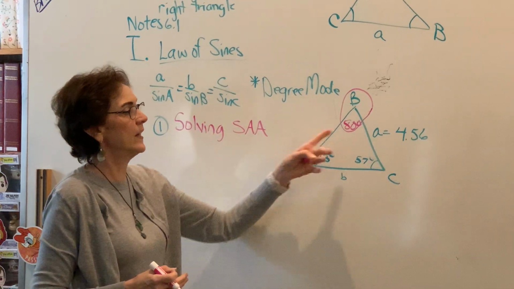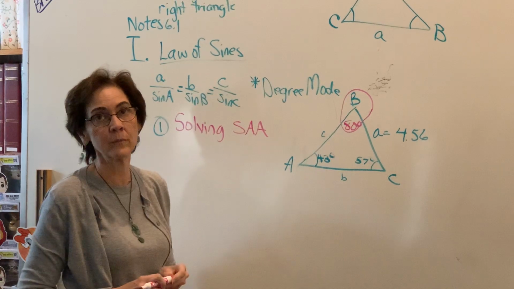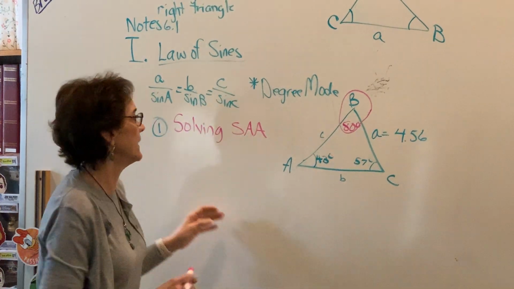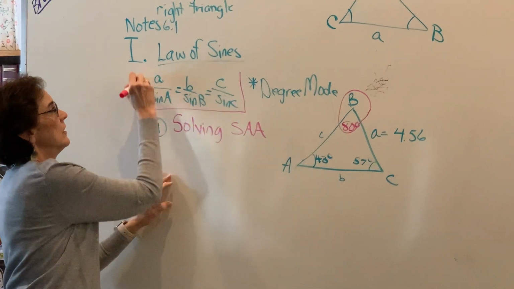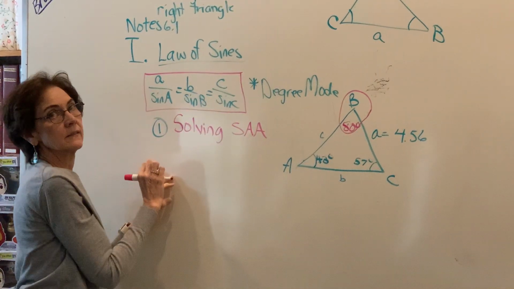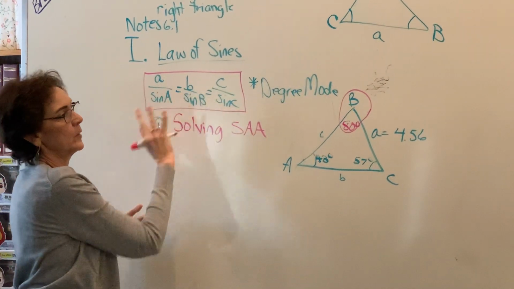Now, how can we find these sides? We cannot use the Pythagorean theorem because it's not a right triangle. So we have to use, right here, the law of sines. We know all the angles, so we can just pick whatever we want.